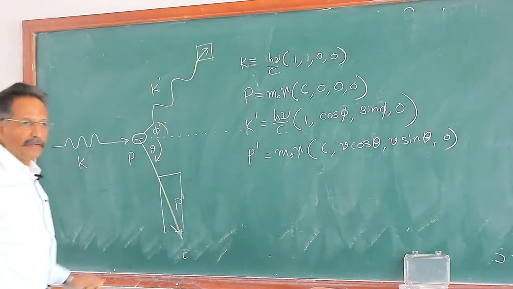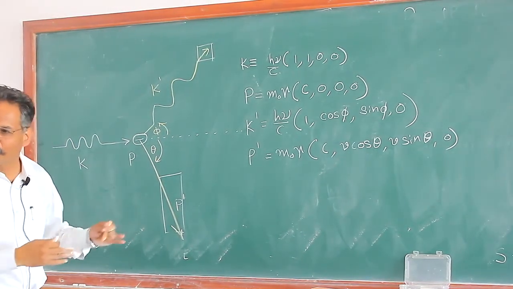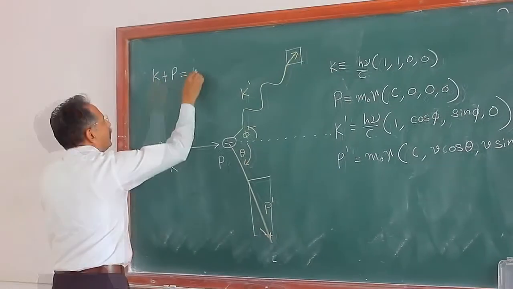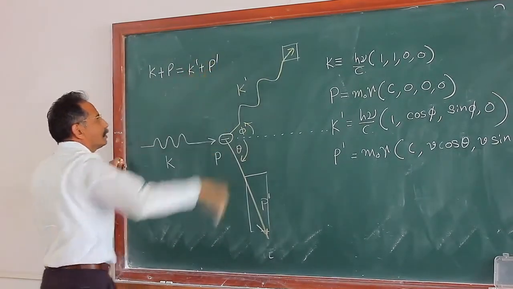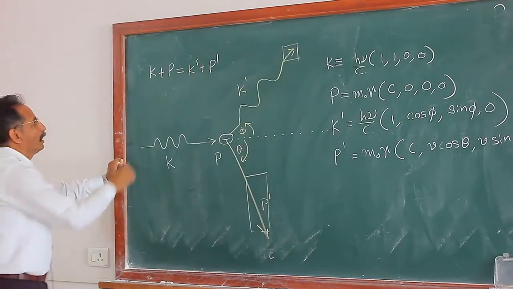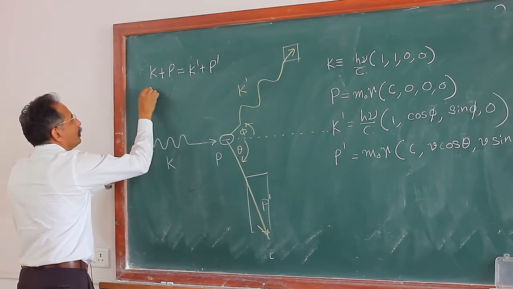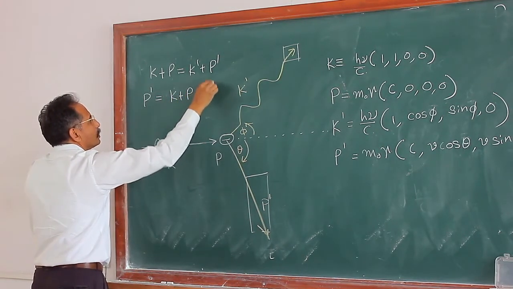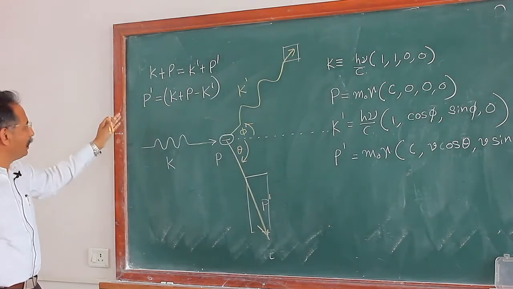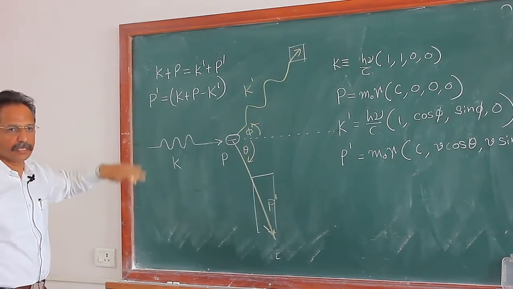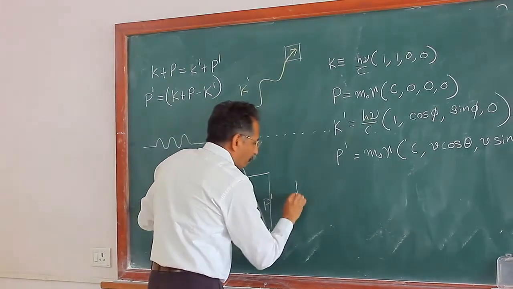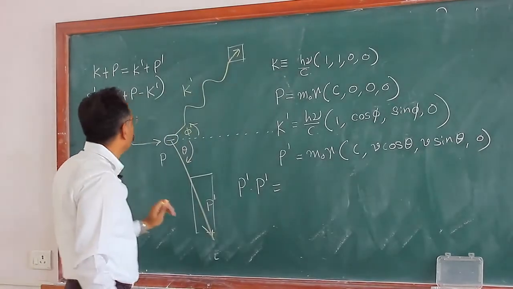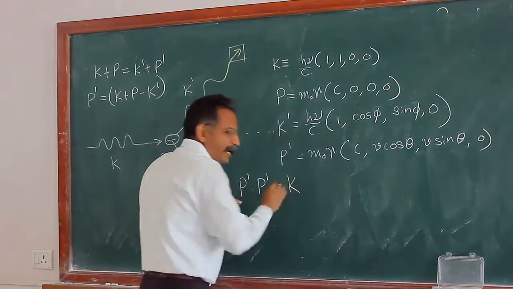Now the conservation equation will be momentum, 4 momentum before collision equal to 4 momentum after collision. So the basic conservation equation will be k plus p equal to k dash plus p dash. So I can write p dash equal to k plus p minus k dash. So I shall find inner product of p dash with itself. So p dash dot p dash is equal to k dot k.